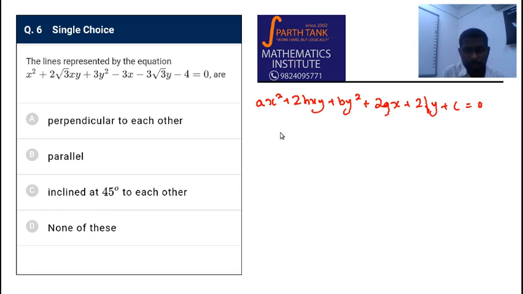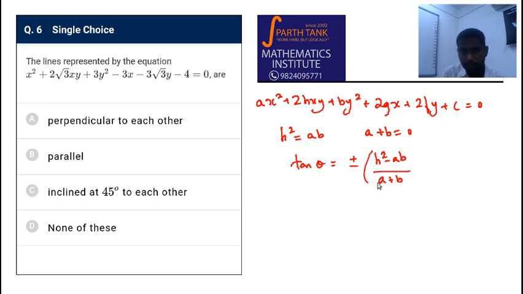And we know that these two lines will be parallel if h square is ab, because the question is all between parallel and perpendicular. They will be perpendicular if a plus b is 0. And of course we know that the angle is plus or minus h square minus ab by a plus b.